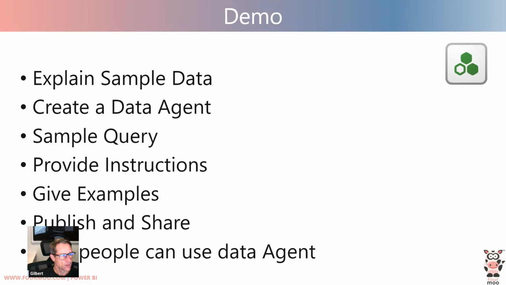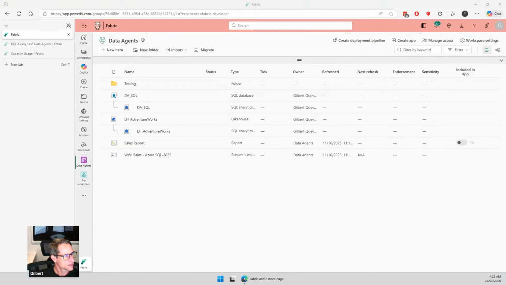Okay, so let me step out of this. Now what we have on my screen is my tenant, and as you can see, it says premium content, but I'm running a Fabric capacity enabled workspace.